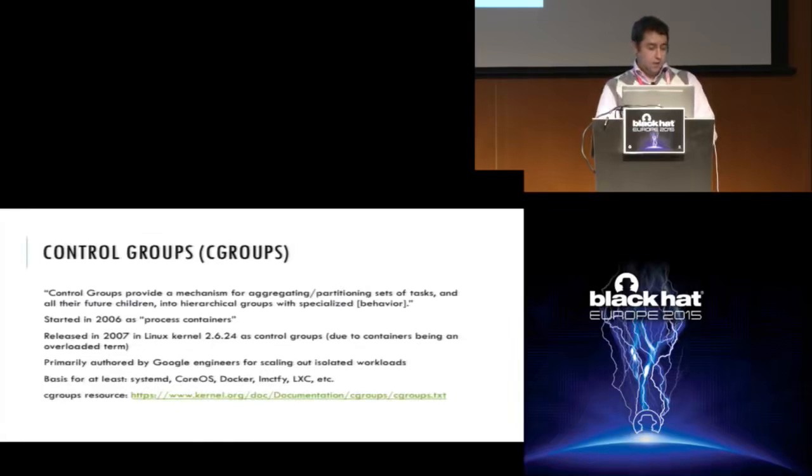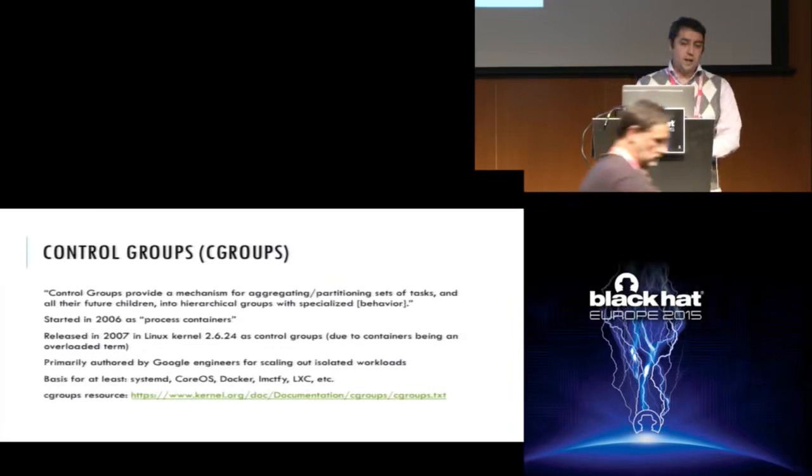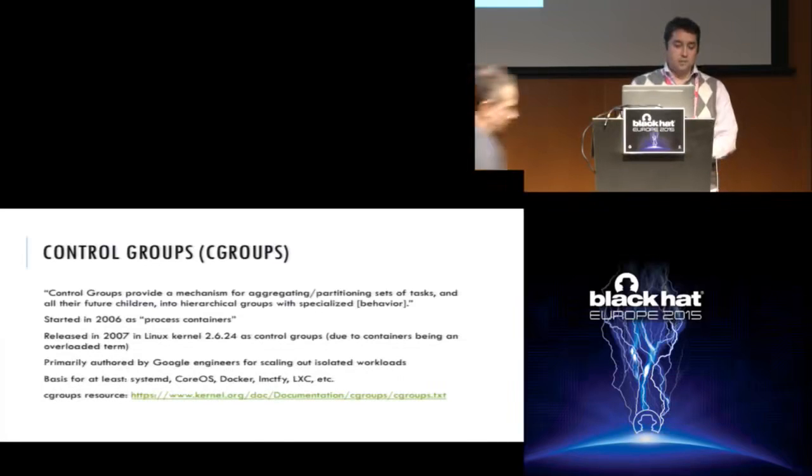And they didn't want to call it process containers because even at the time they felt containers was an overused term. But ultimately what they were trying to do is, if you think back to Google in the 2007 time frame, they're scaling up and they want to isolate all the processes and keep everything separate. And so they start pull requests on the kernel to add C group support.